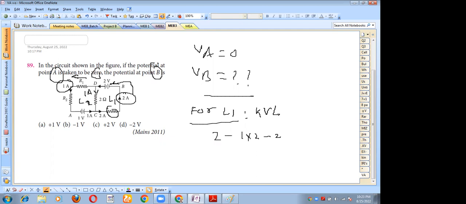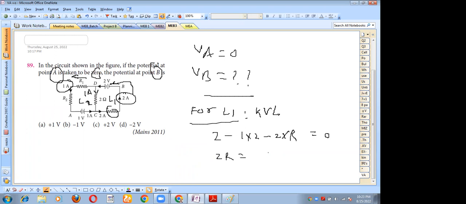So from here you can write 2 minus 2 minus 1 into 2 minus 2 into R, that should be equal to 0. So from here you can calculate R.